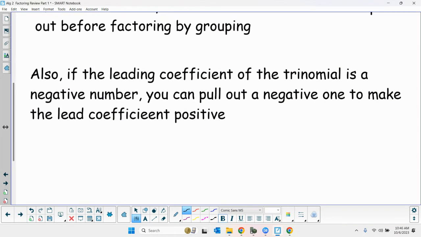We call those the leading coefficient, the one in front of the x squared, the a value. So if it's negative, you can pull out a -1, or if a 3 goes into all 3, you can pull out a -3, to make your leading coefficient positive. It's always easier to factor when that leading coefficient's positive. So if there's a negative out front, pull that negative out. Actually, it's a -1, but we usually just put the negative sign.